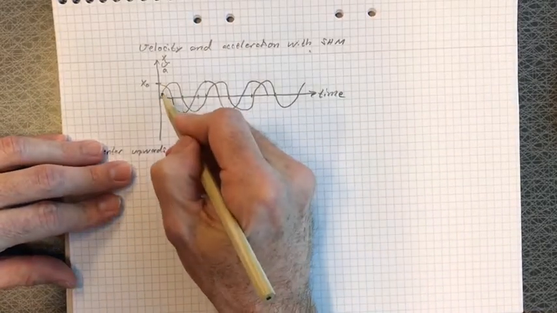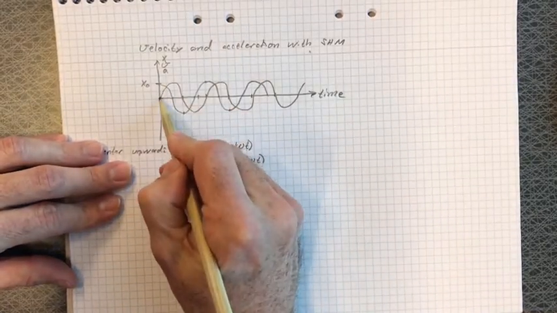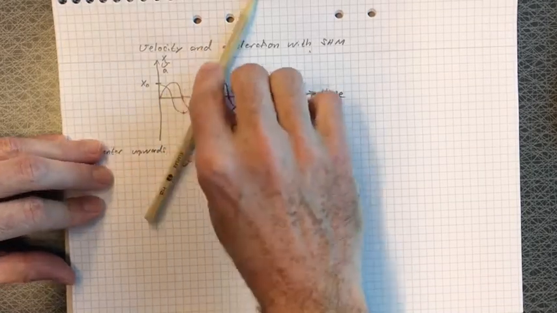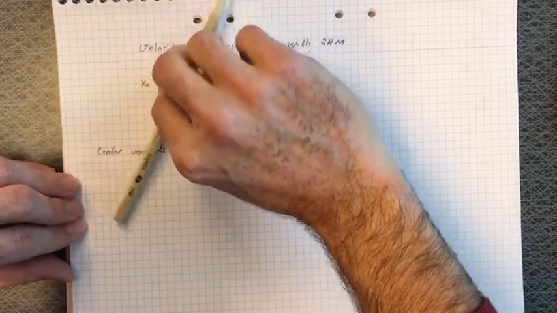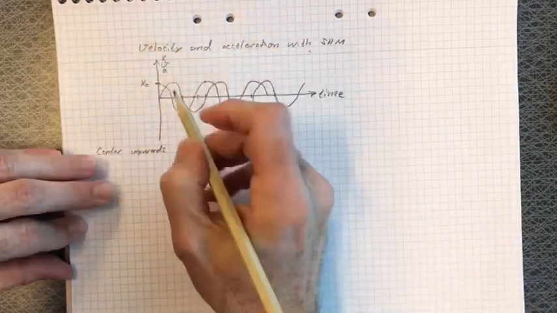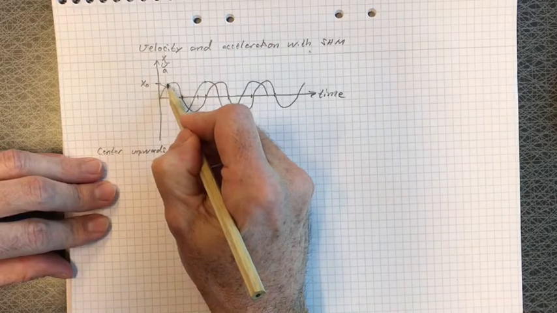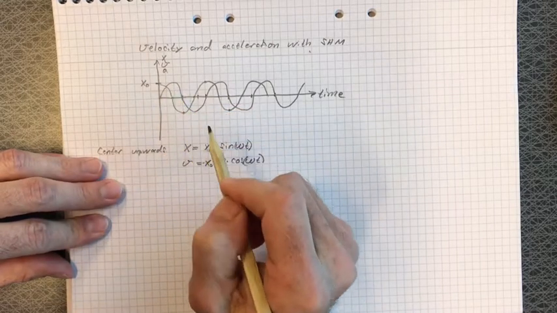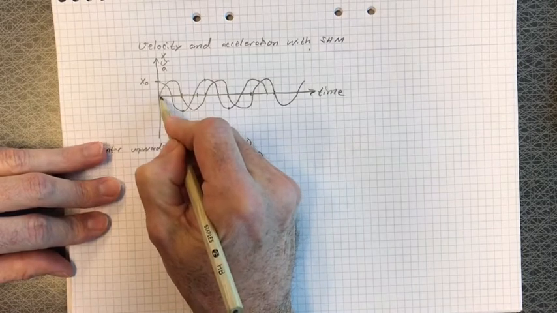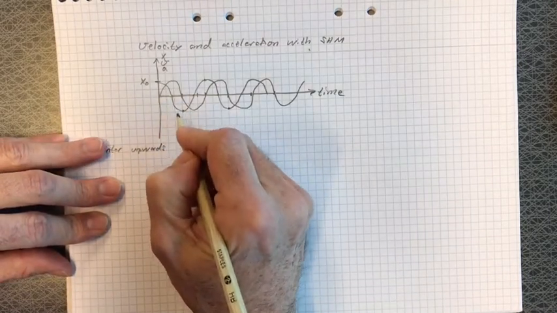Okay, so the velocity is going upwards, but you can see the gradient of the line is immediately going down. That means that the velocity is decreasing. So we need a negative acceleration that increases all the time.